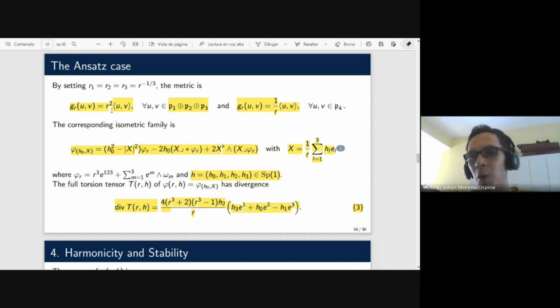And one thing that is, I don't know how to explain that, but the two cases that you say, the 3-Sasakian and the Sasakian, in this ansatz, they are stable critical points. But yes, they are inside these ansatz.